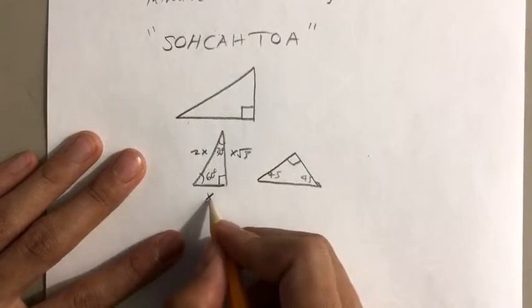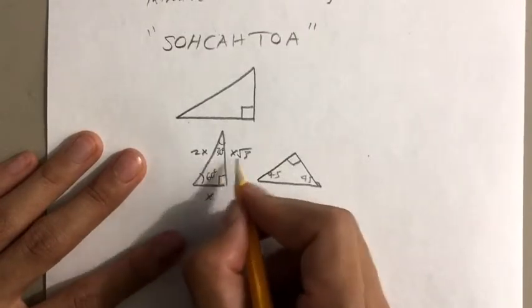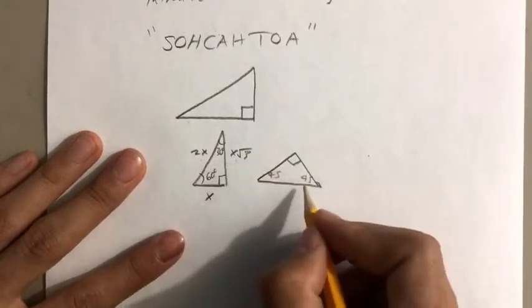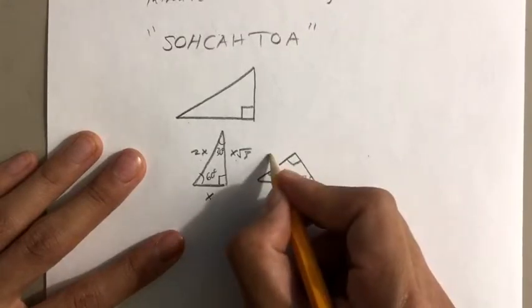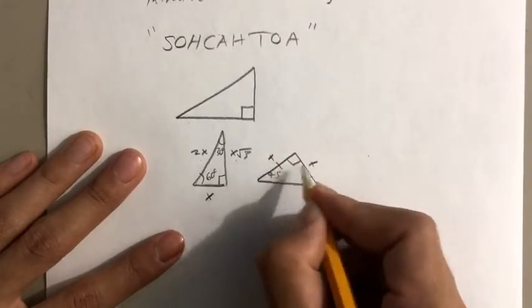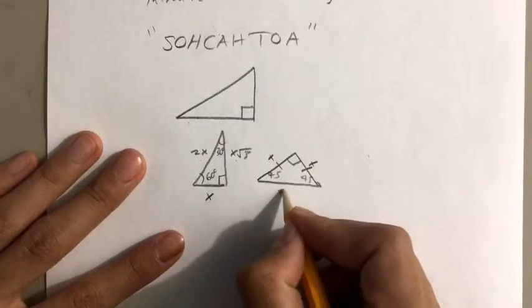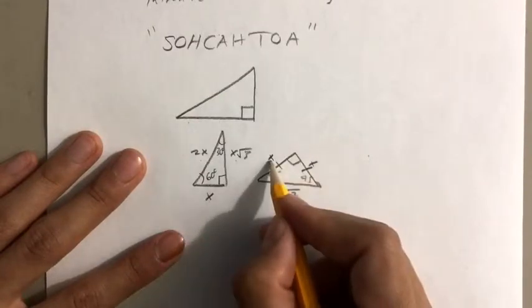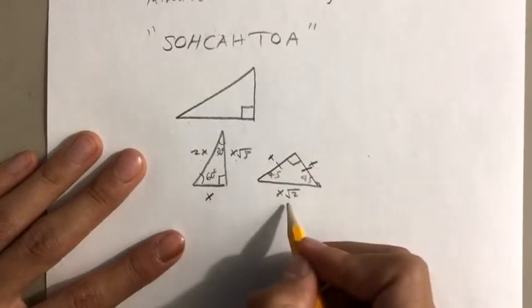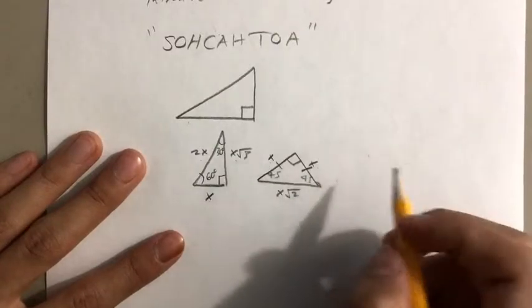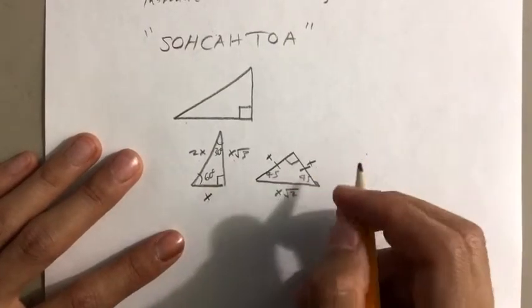Meaning that if this is 5, that's going to be 10, and that's going to be 5 root 3. And now for this is going to be x root 2. So if that's 2 and that's 2, then this will be 2 root 2. So those are the special right triangles that you need to memorize.